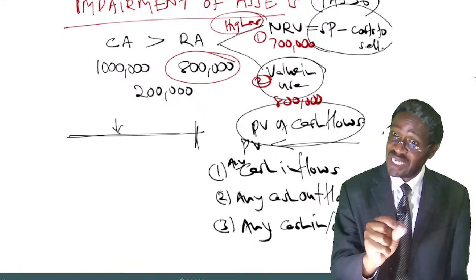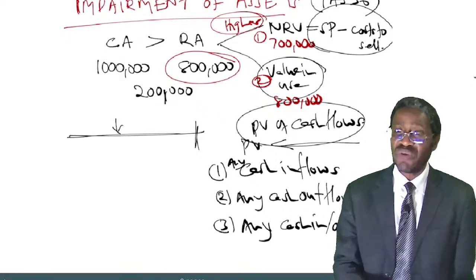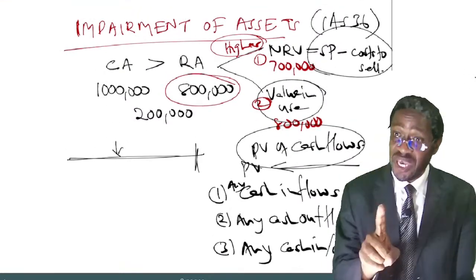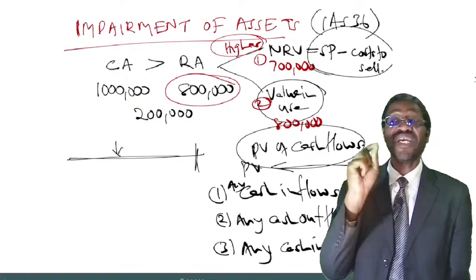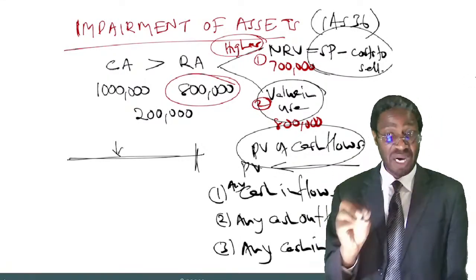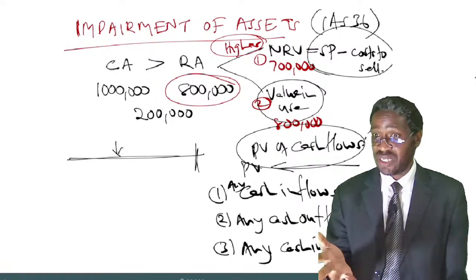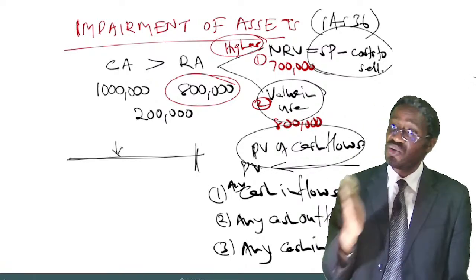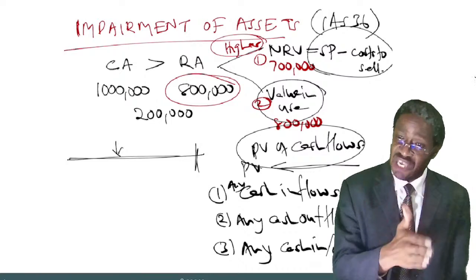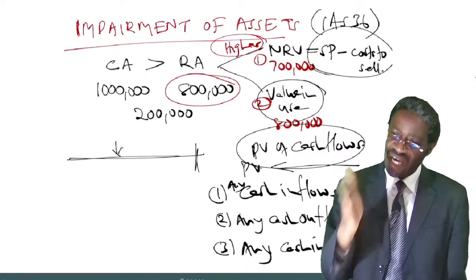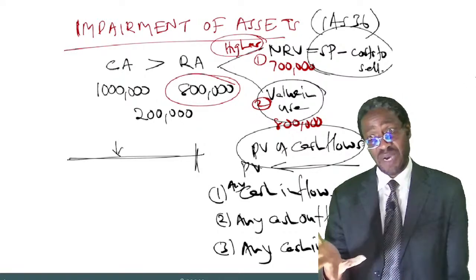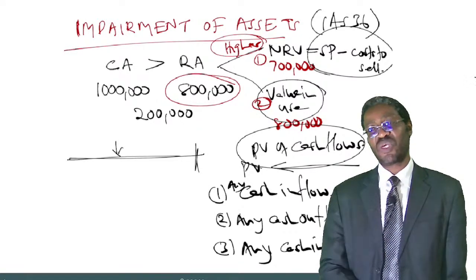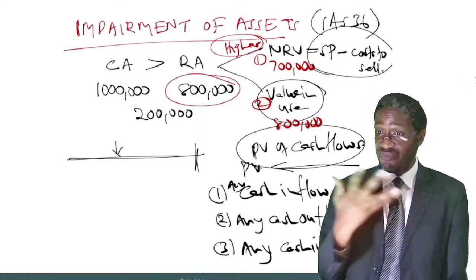You compare the carrying amount of the asset with its recoverable amount. Then you can tell the examiner an asset is said to have suffered an impairment loss if the carrying amount of the asset is higher than its recoverable amount. Good.